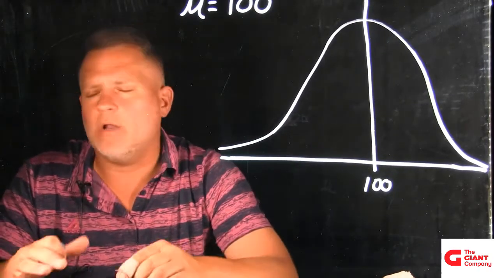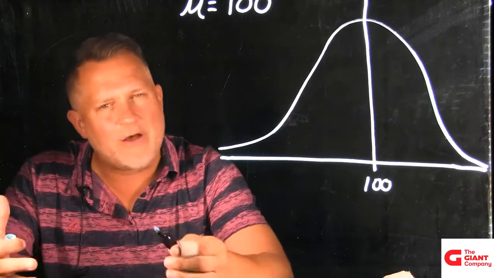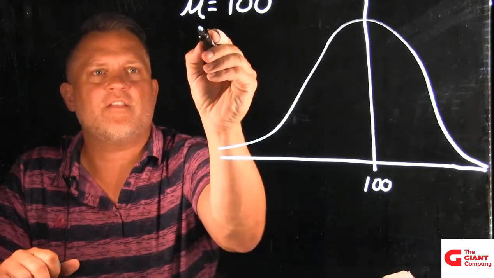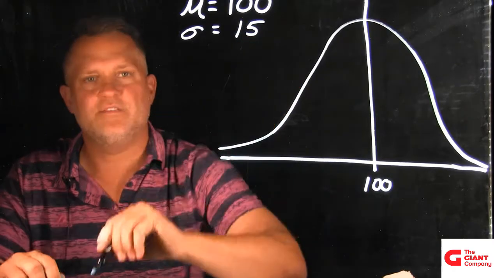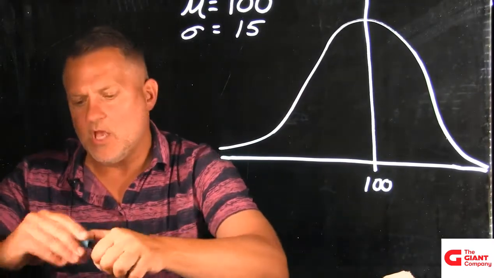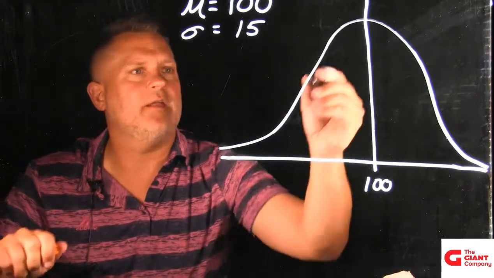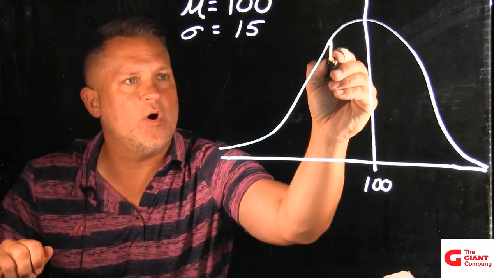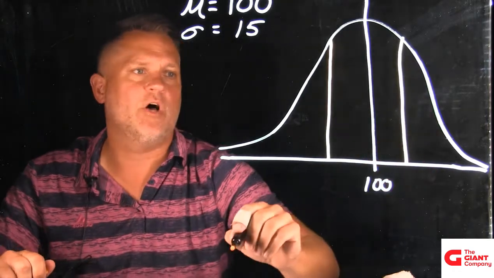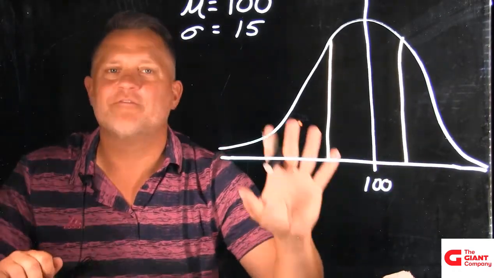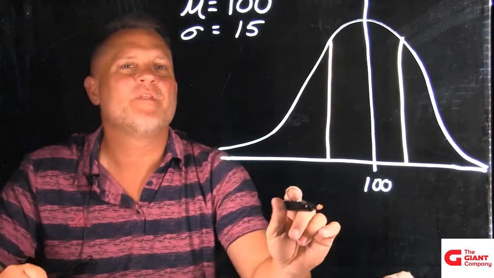We also know, based on all those observations, thousands and millions of observations, that the population standard deviation is 15. Okay, so let's go ahead and we'll graph that out. Here's one standard deviation above, one standard deviation below. My drawing's a little off. They're equal on both sides, trust me.